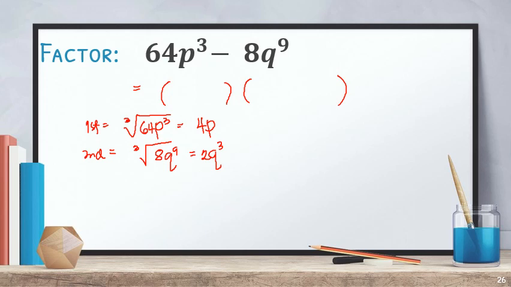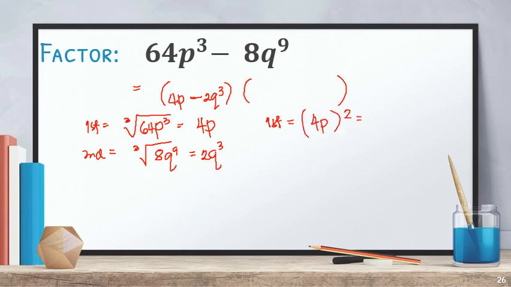And now we're ready to put it here on our first factor. So again, take note of this. Whatever the operation of the given will also be the operation to be used on our first factor. And for our next factor, for the first term of this one, we will be getting the squared of the first term of your first factor, which is 4p.